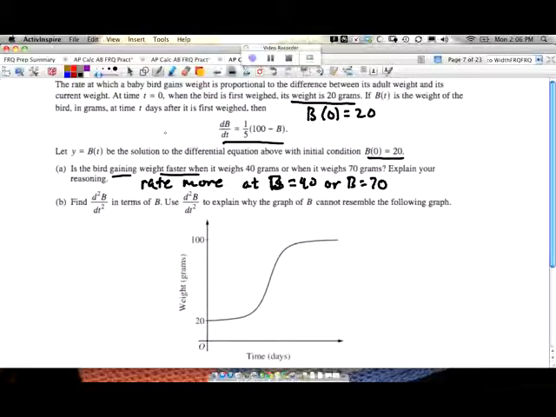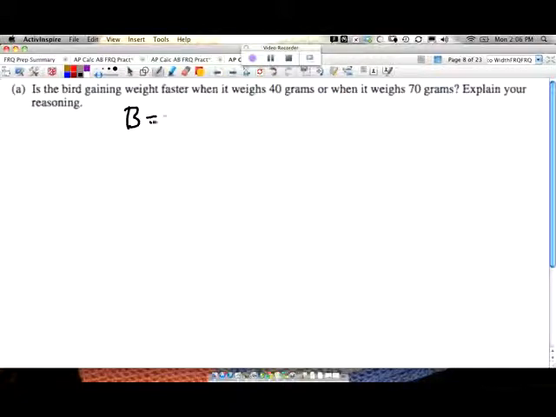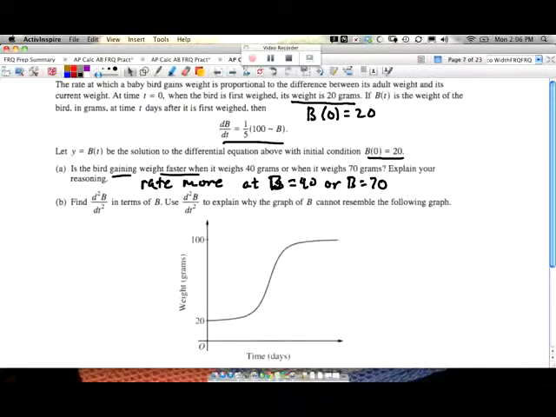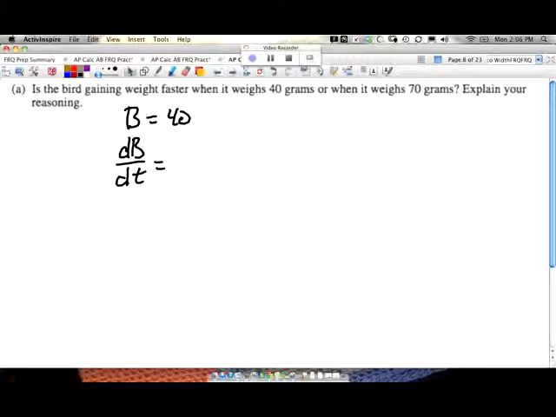That's the question. So let's answer it. When b equals 40, db/dt is going to be, let's double check this real quick, 1/5 times (100 minus b), so 1/5 times (100 minus 40), at b equals 40.